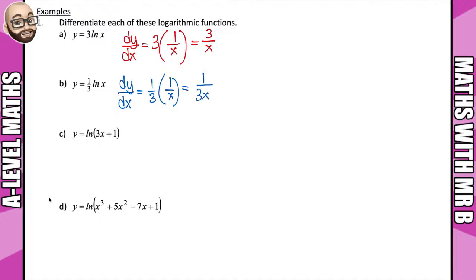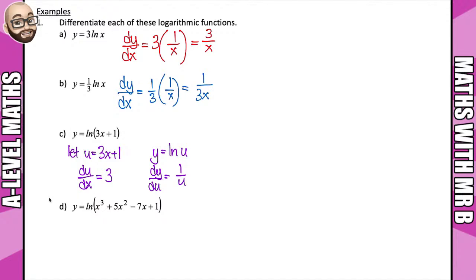And c is the first one where we're now going to have to start looking at using the chain rule. So we're going to let u equal 3x plus 1. That means du/dx is just going to equal 3. This also means that y is now equal to ln of u, so dy/du is going to equal 1 over u.